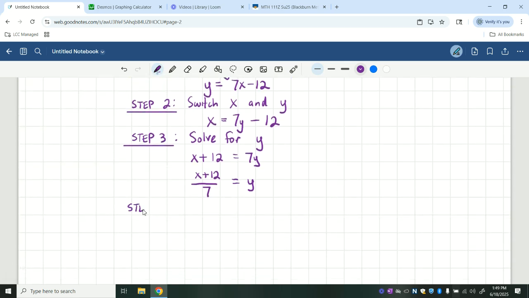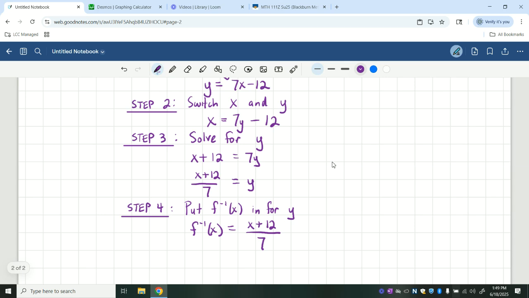But one more step, we have to notate it properly. So step 4, we're going to put f inverse of x in for y. So I get f inverse of x equals x plus 12 over 7. And there's my final answer.